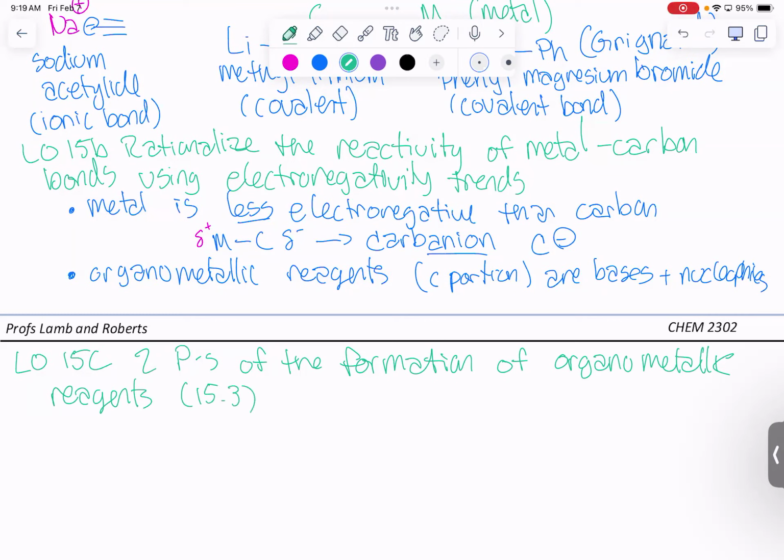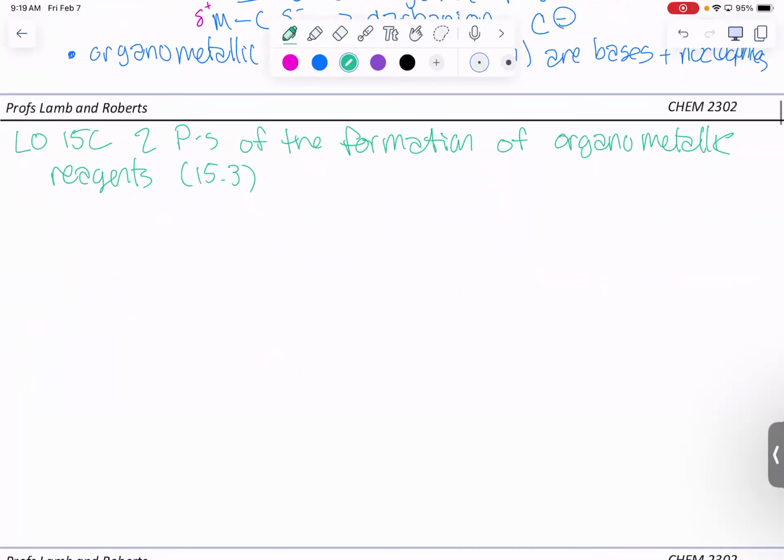All right, so how do we make these funny looking reagents? There's a couple of different ways that we can do it, all right? So we start out actually turning to electrophiles as our starting materials.